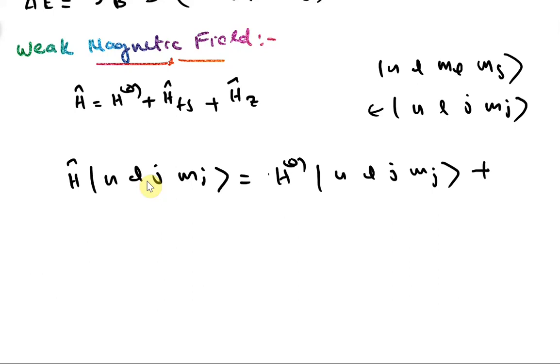Now H fine structure acts on the basis. I'm not putting that value here, but I will take the final result for the energy correction directly. You can see the explicit form in the textbook if you want.